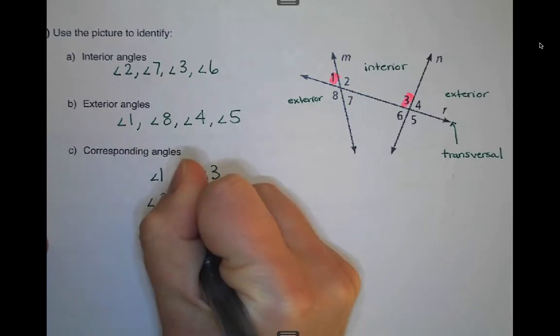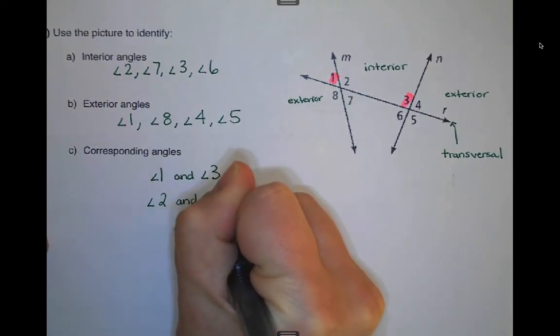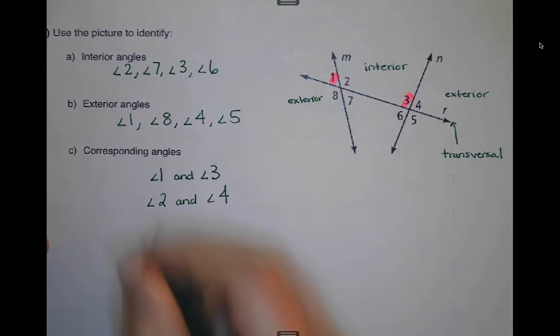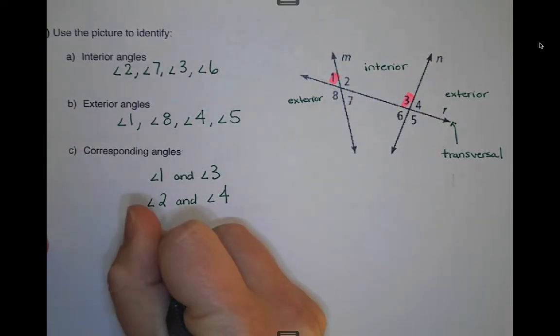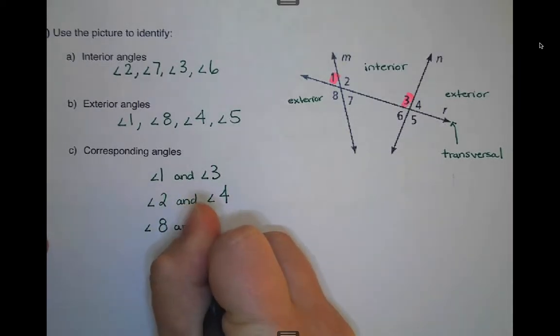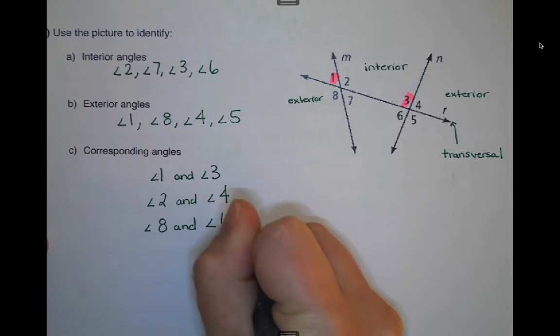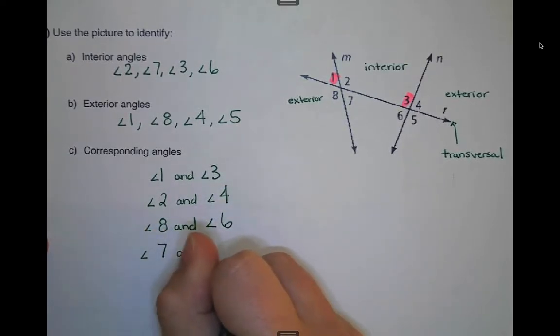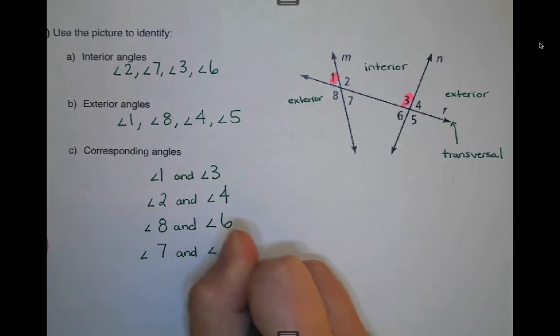Angle 2 and angle 4. And then on the other side of the transversal, we also have 2 pairs. We have angle 8 and angle 6, and finally angle 7 and angle 5.